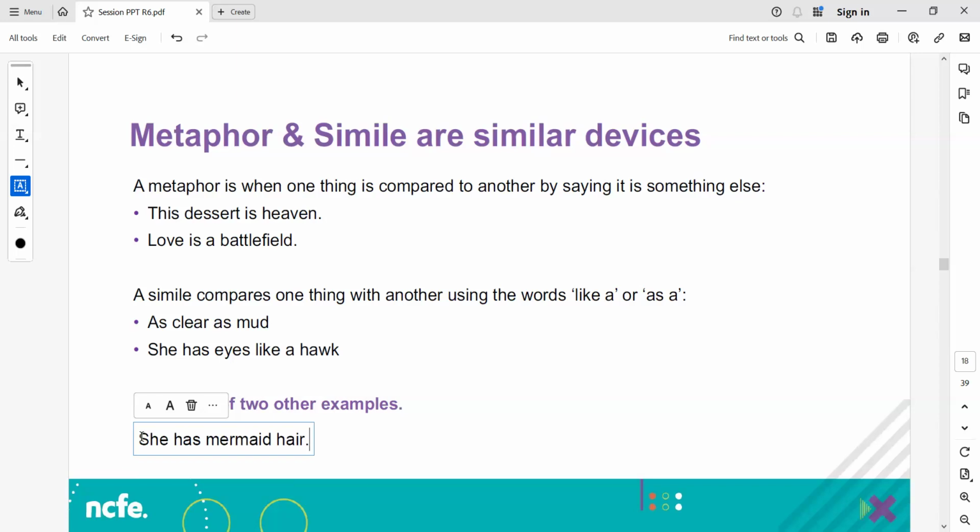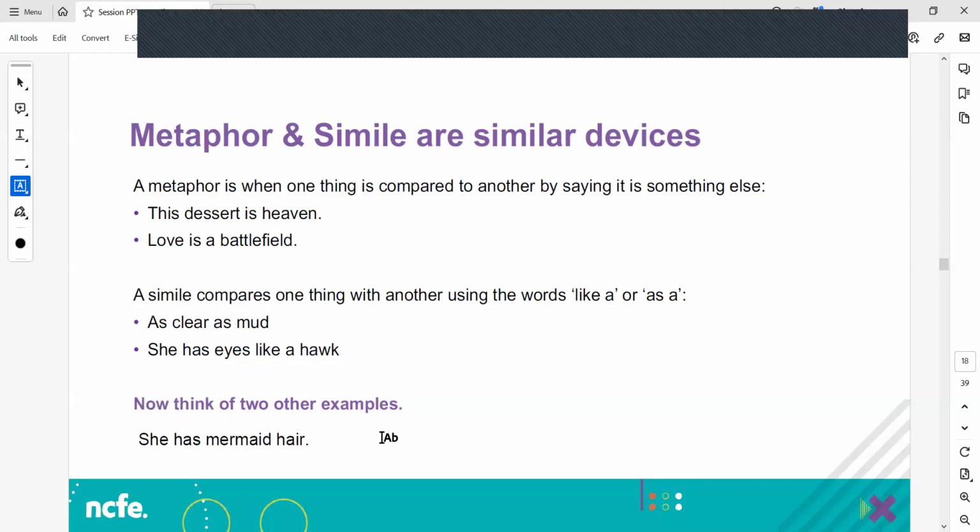Okay, so she has mermaid hair. I'm imagining she's got long, wavy hair, probably blonde, glistening. So it's a very visual description. How could I change that to a simile? So how could I write that sentence comparing her hair to a mermaid, but as a simile instead of a metaphor?